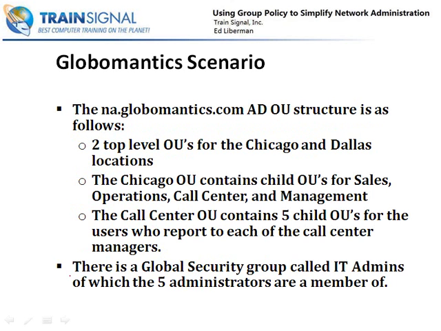Now, to go a step further, the Active Directory OU structure consists of 2 top-level OUs, one for the Chicago office and one for the Dallas office. So we have an OU called Chicago and an OU called Dallas in the North America domain. The Chicago OU then contains child OUs for the sales department, operations department, call center department, and management. I don't know if that's really a department, but management.